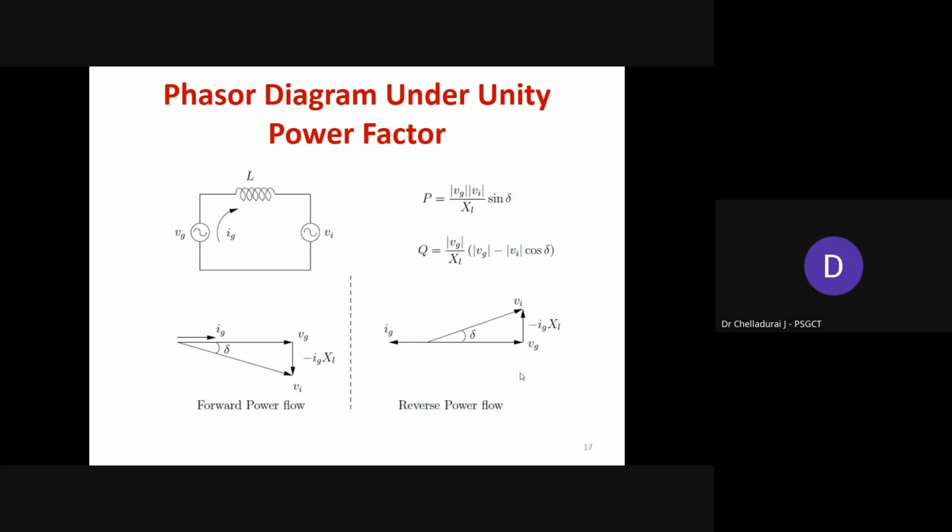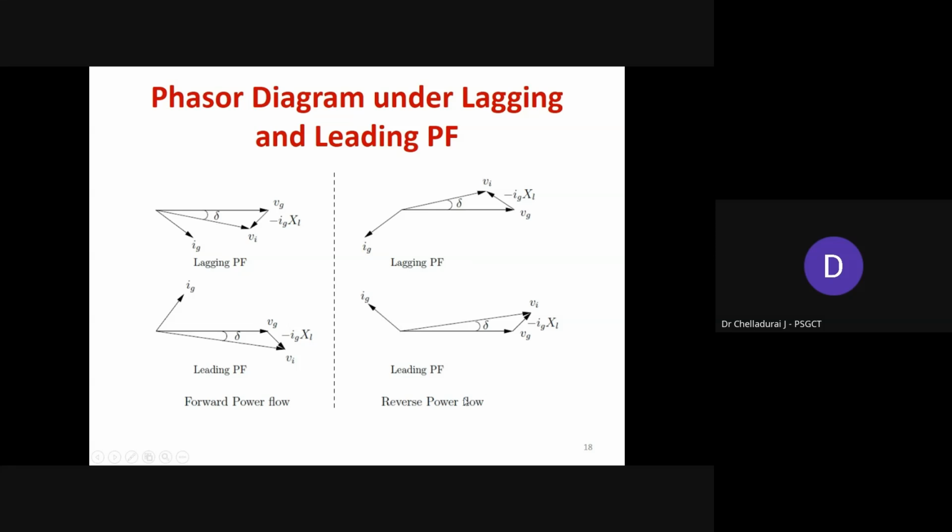So by using this vector diagram, we can easily exchange the power from one side to the other in the opposite direction. In the second case, the phase angle delta value is lesser compared to the previous case, but the voltage magnitude is less than that of VG, so we can operate the same converter in lagging power factor mode.